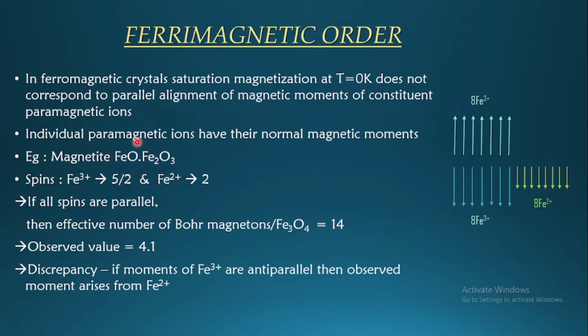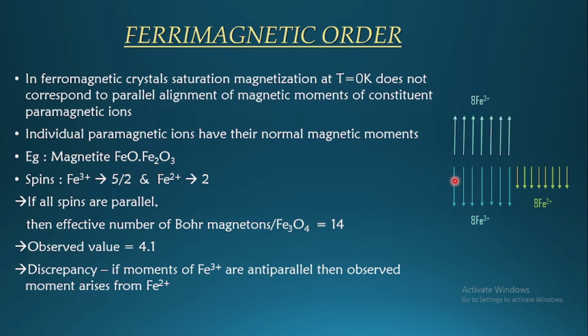If you just write Fe3O4, we can't distinguish between the two oxidation states, based on which we can understand the effective number of Bohr magnetons. So when we consider the oxidation states, we can treat these as two separate types of ions which have different magnetic moments.